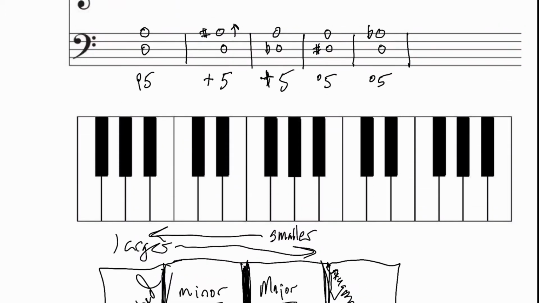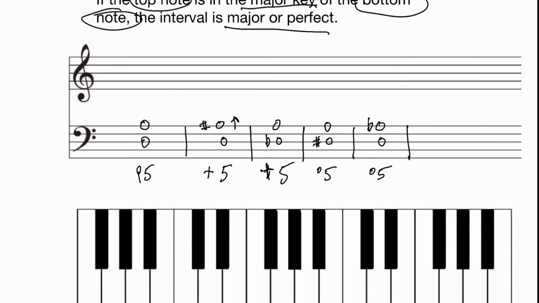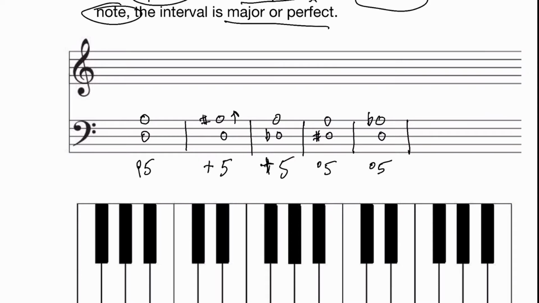Let's talk about the dynamic intervals, majors and minors. Things we would normally associate with majors and minors like seconds or sixths. Let's look at the interval A to B. Now let's make it G to A. When we write a second, by the way, we can't write the note heads directly on top of each other.